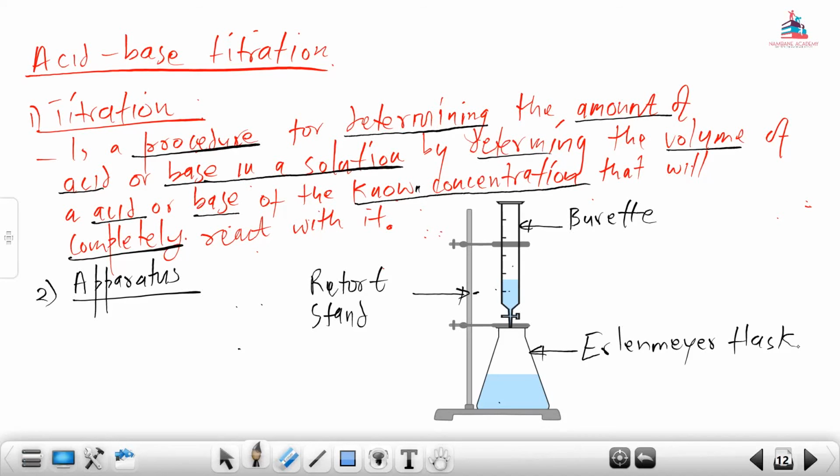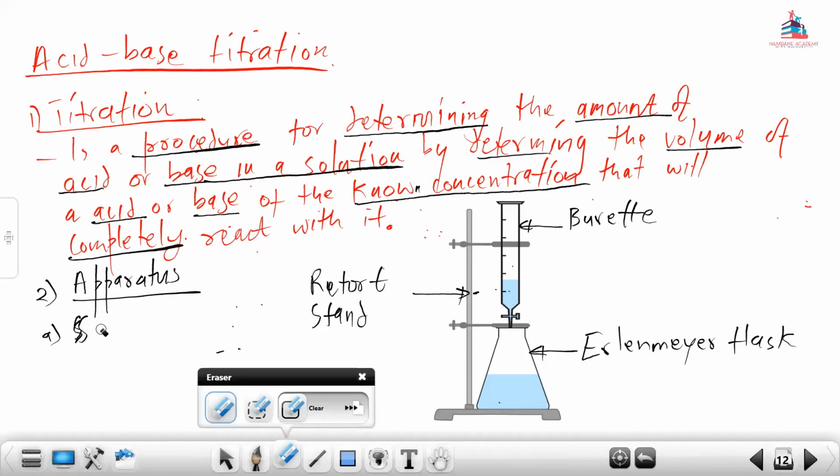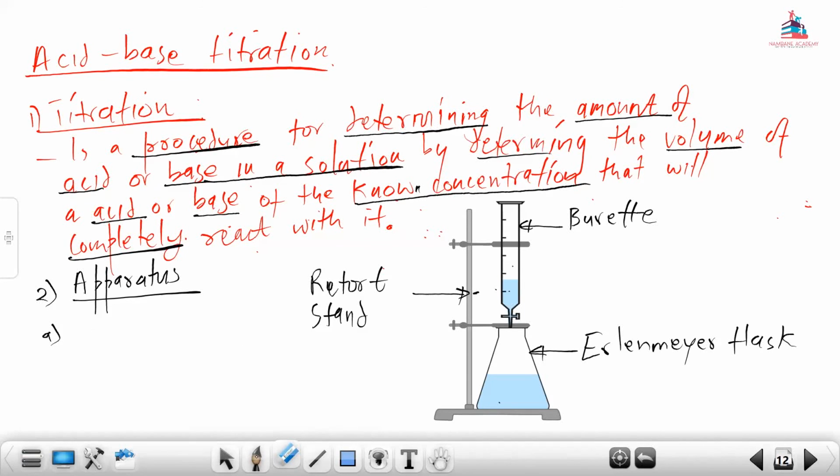But let's go back to the definition again. Titration is a procedure for determining the amount of acid or base in a solution by determining the volume of an acid or a base of the known concentration. So a key thing here, it says now we must have what we call a standard solution. So the standard solution is this one that comes now with the known concentration.